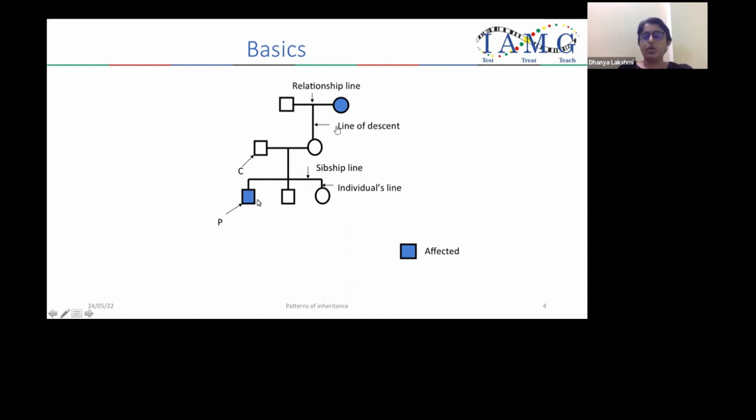The person who actually has the phenotypic feature, or who comes to medical attention for the first time from a family, is known as the proband, and he or she is depicted by the letter P. The consultant, who is depicted by the letter C, is the person who comes for genetic counseling, and who may or may not be affected. In case of affected children, usually the parents will be the consultant. There is another line known as the individual line, which will connect each particular individual to the pedigree.